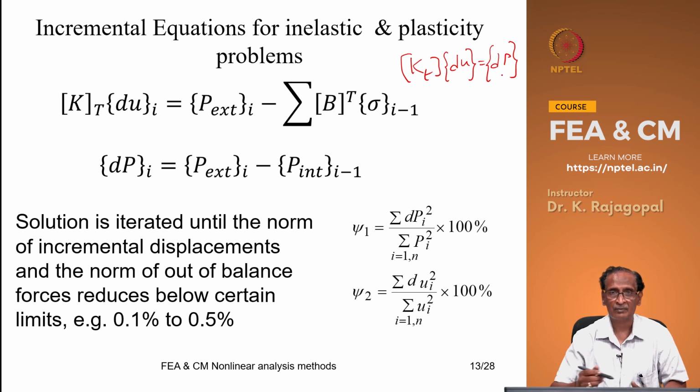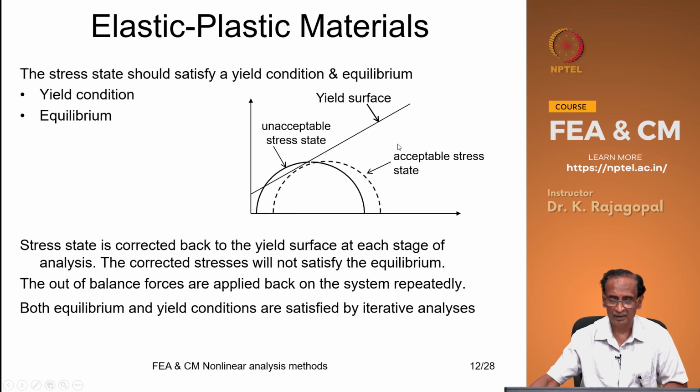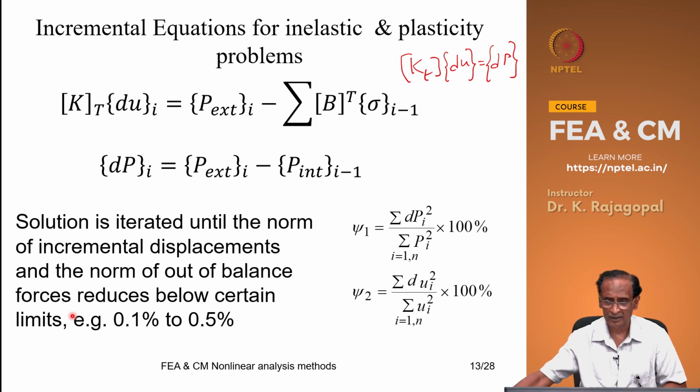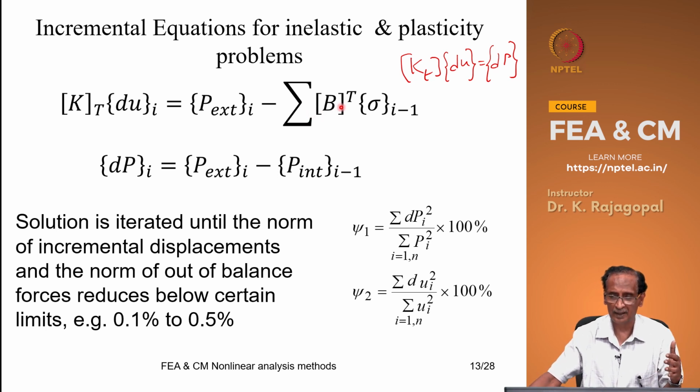But now, because of this yield condition, our calculated stresses may not satisfy the equilibrium. So we need to form the equations in a slightly different form, and we do calculate the reaction forces as B transpose sigma, and this summation is for all the elements in the mesh, whether it is continuum or a joint element or a bar element or anything.